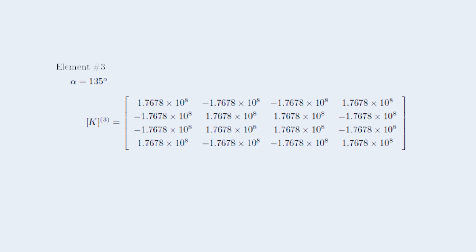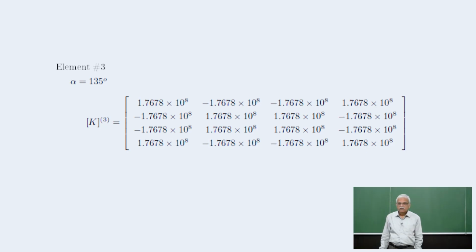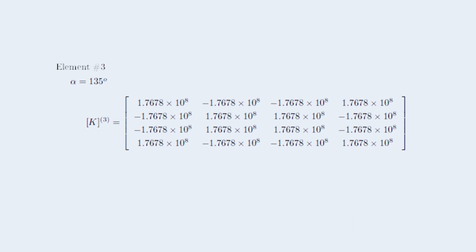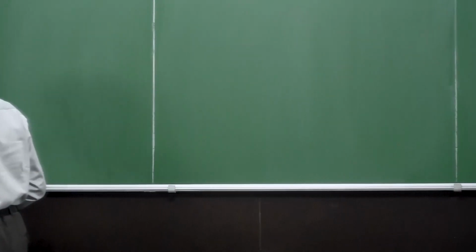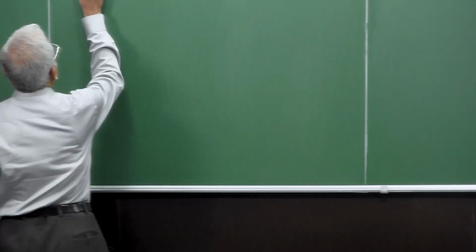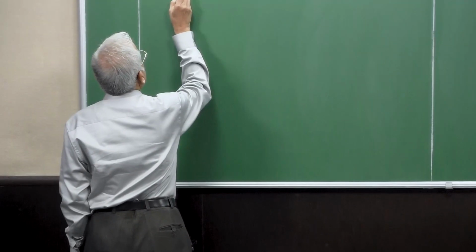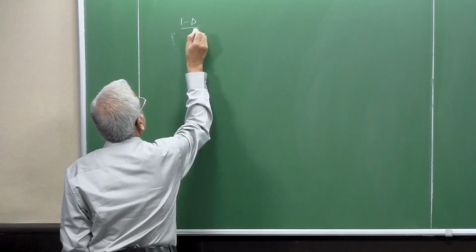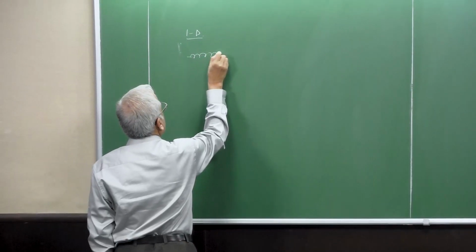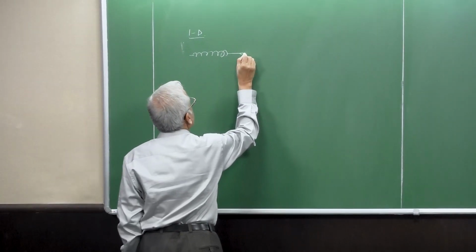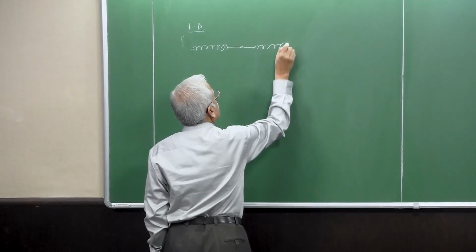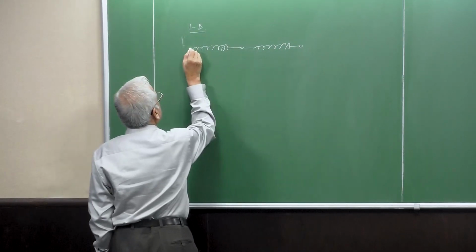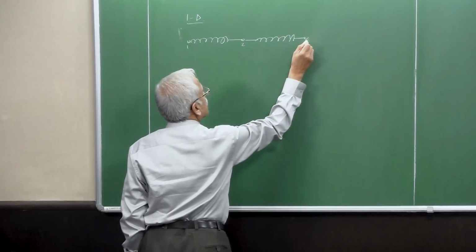As we were saying, yesterday we saw it in an elaborate manner. Looking at 3 by 3, let me recall what we did yesterday. This was the one-dimensional example which we talked about: 1, 2, 3.